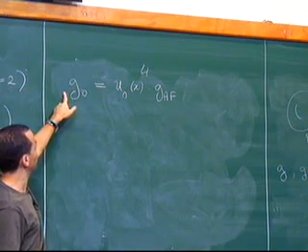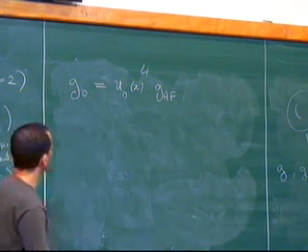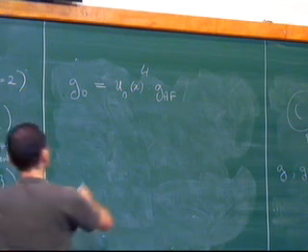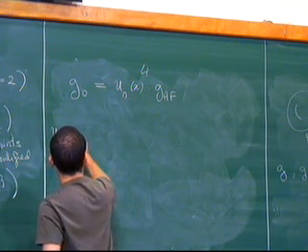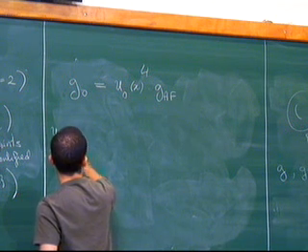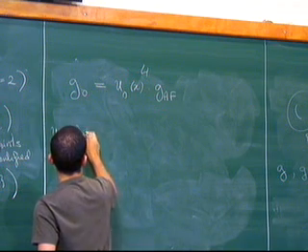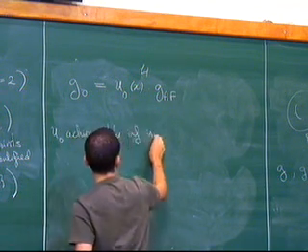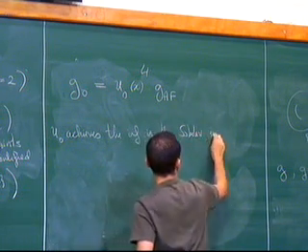But the energy of g naught is the Yamabe constant of g naught, which is just sigma 2. Right? We already computed that. So the conclusion is that u naught achieves the infimum in the Sobolev inequality.